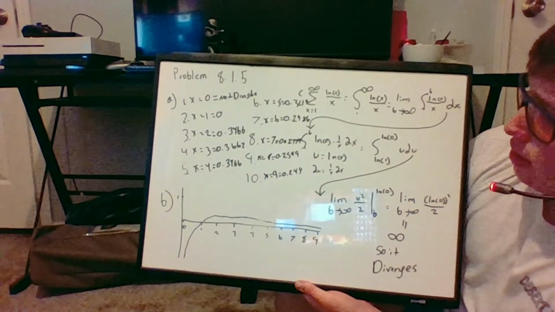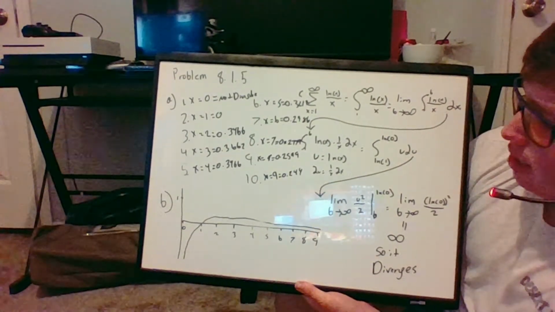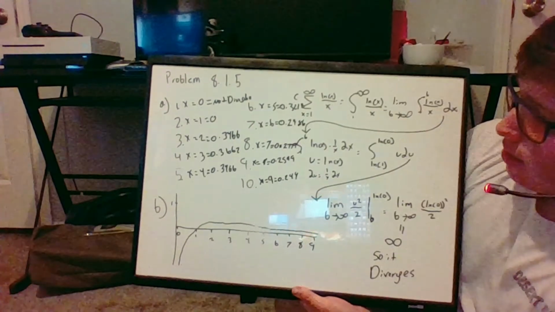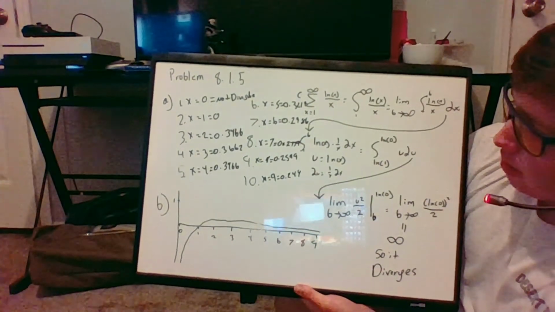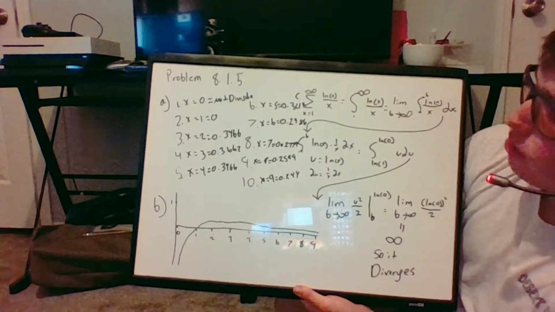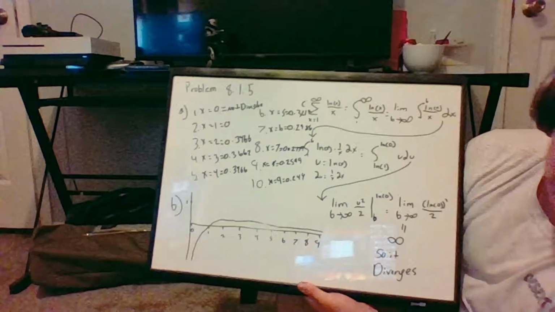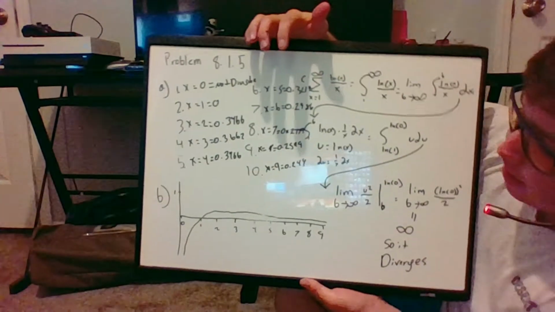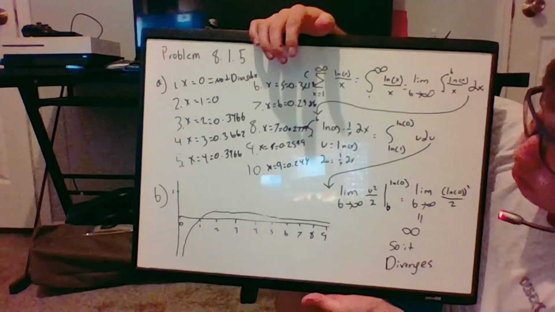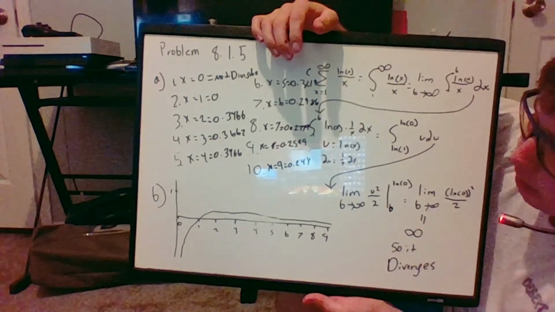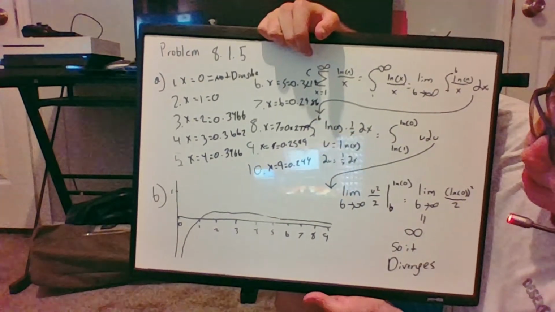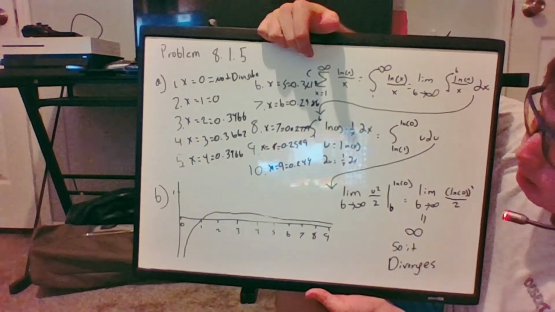X is 5, we get 0.219. When x is 6, we get 0.2986. When x is 7, we get 0.2779. When x is 8, we get 0.2599. And then when x is 9, we get 0.244.